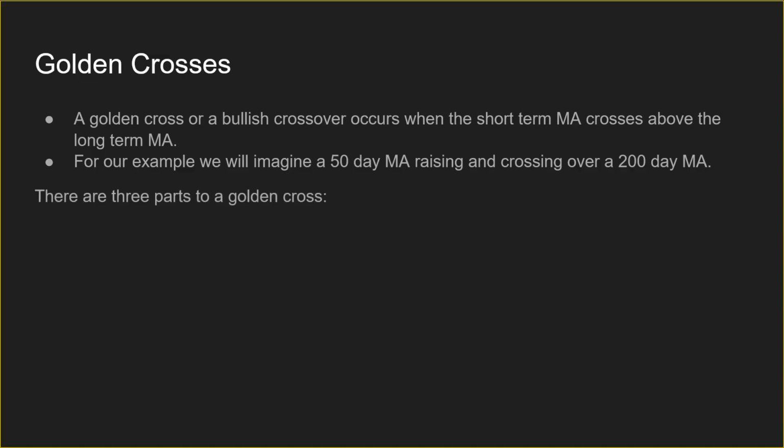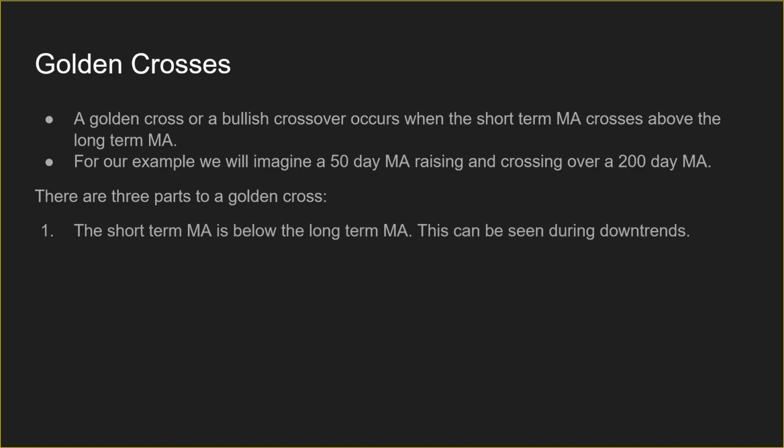Now, there are three parts to the golden cross and to these crossovers. The short-term moving average is below the long-term moving average. This is what we see before the trend reversal, during the downtrend, right? Because the golden cross indicates an uptrend or reversal to the upside. So we're first starting off moving down.